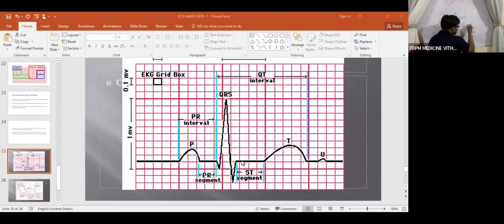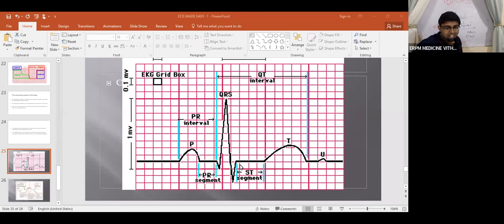This is how many milliseconds? 0.04 second. How to convert that to millisecond? You have to multiply by 1000. This is 40 milliseconds.